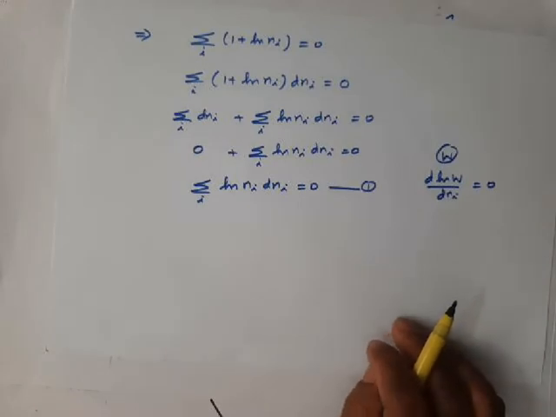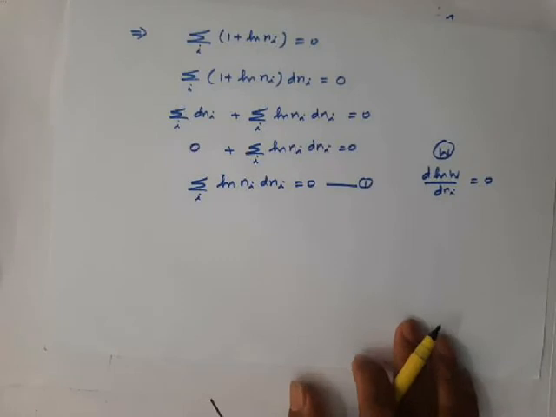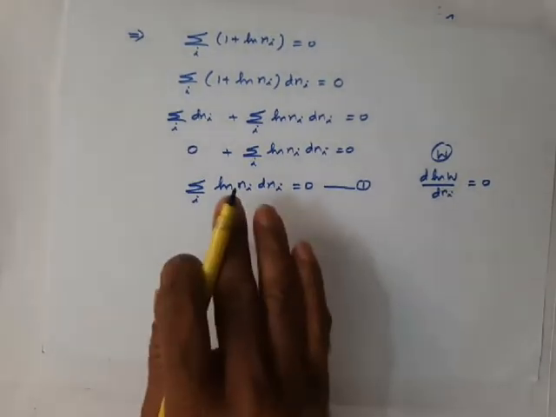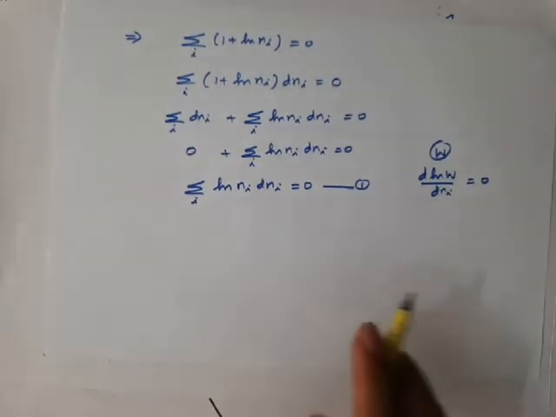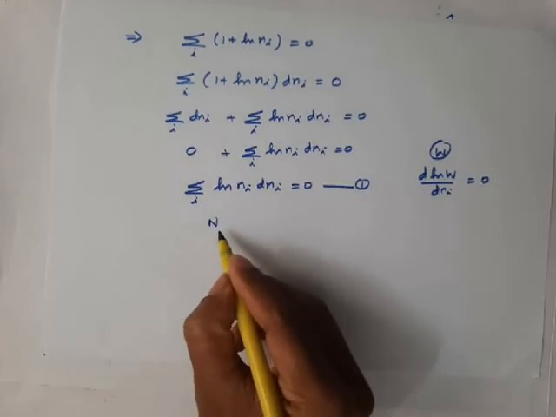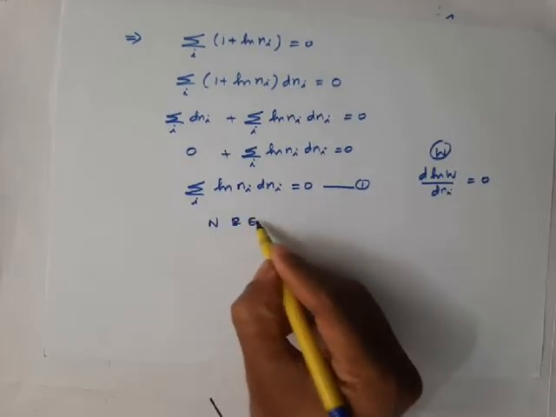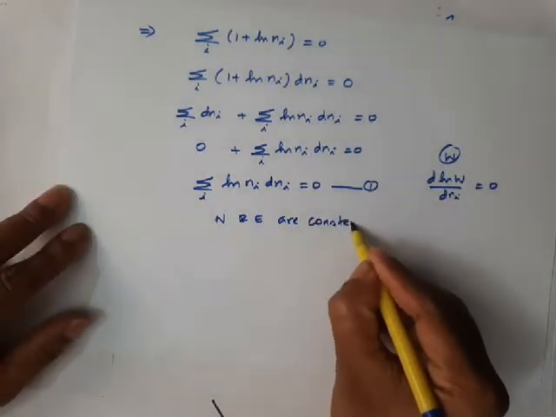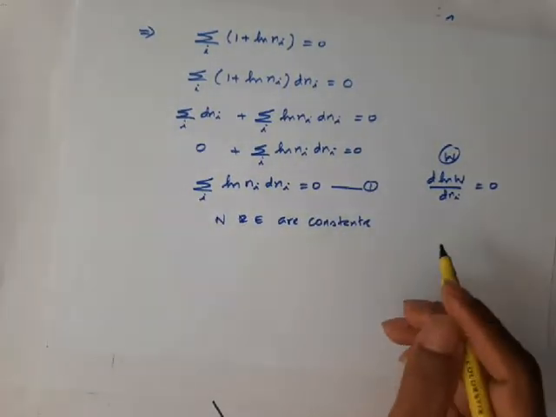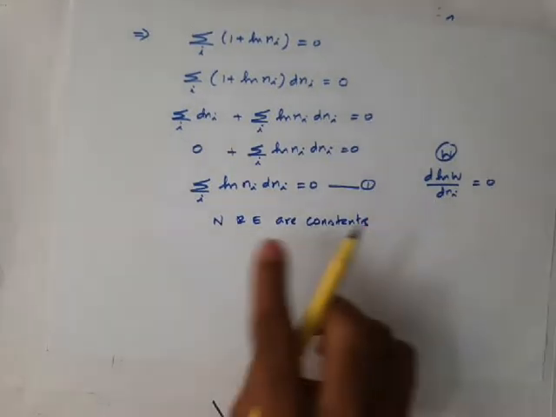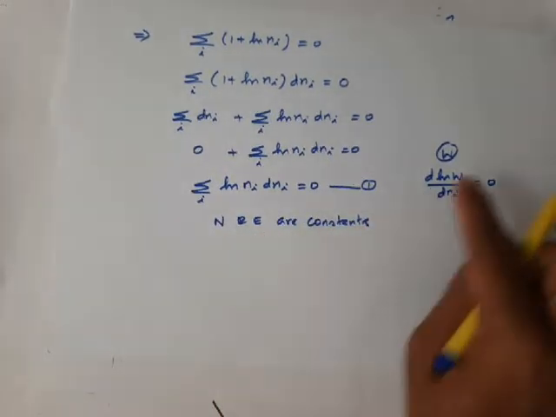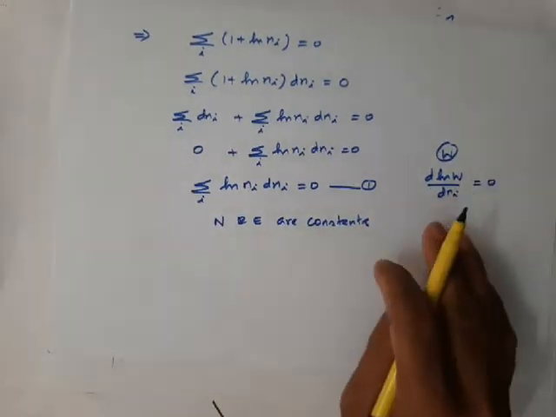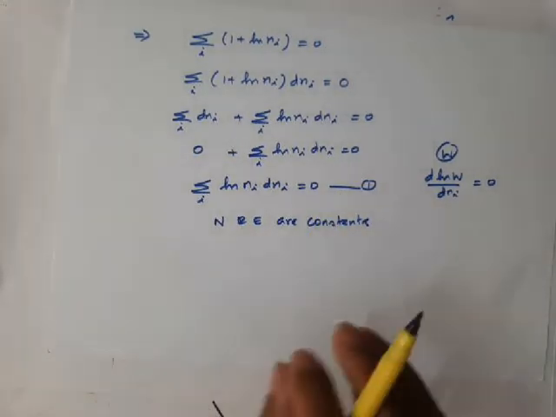But there is an additional problem here. What is that? The total number of particles and the total energy are constant. These two are constants, so keeping these two constant, you have to maximize. For this, we need some special technique.